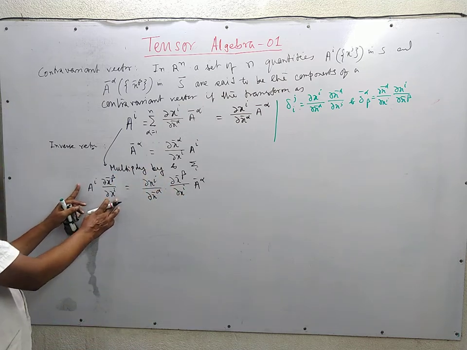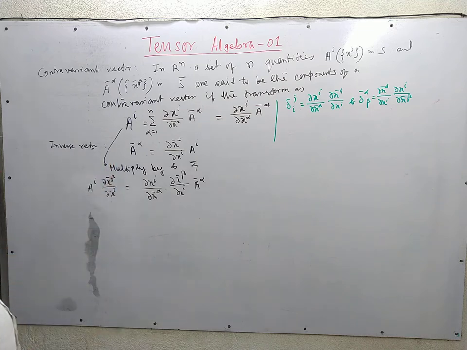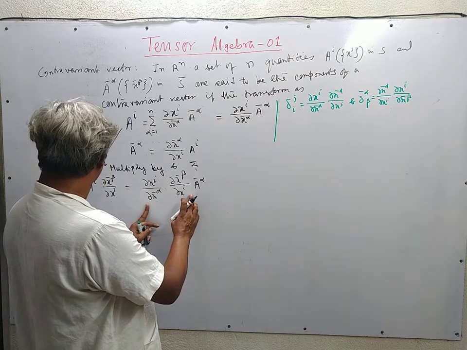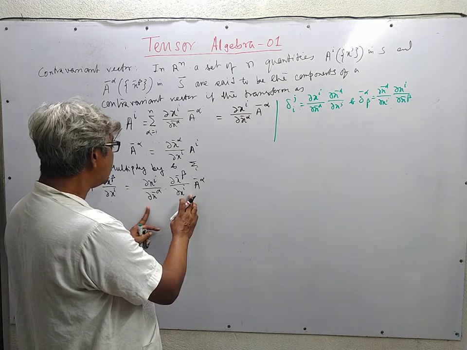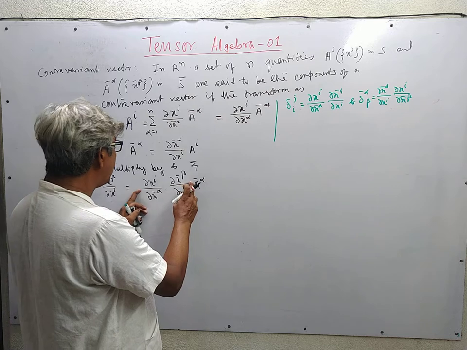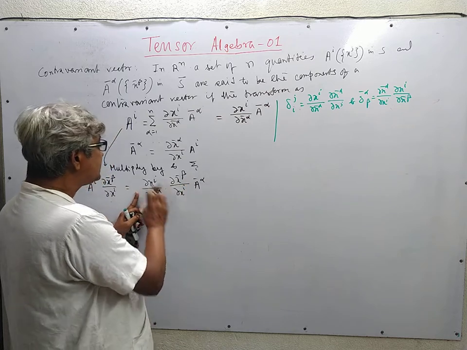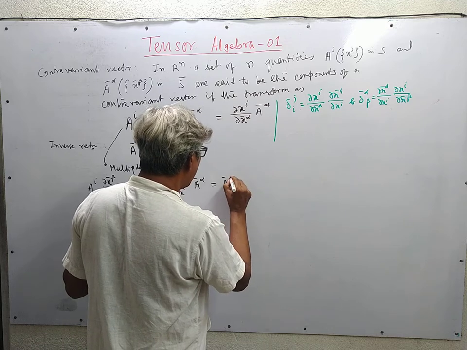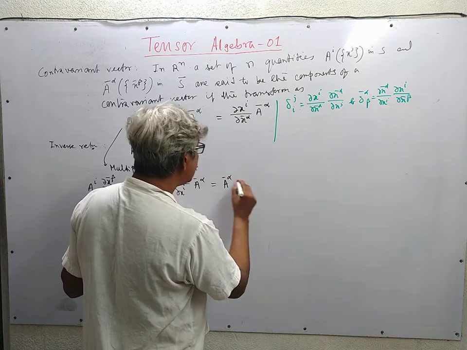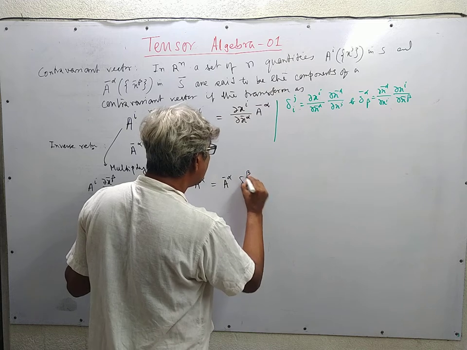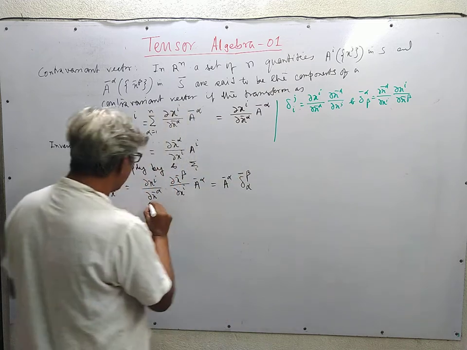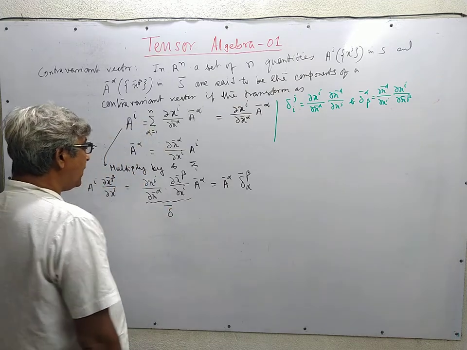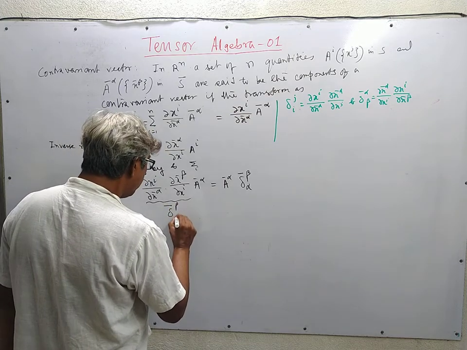Here also there is a repetition of index, so we need not write this explicitly. When we carry out this sum, this becomes a bar alpha, and from this part we get delta of beta alpha, because this part is the Kronecker delta in the barred system, beta alpha.